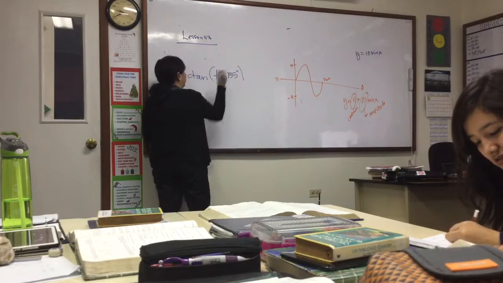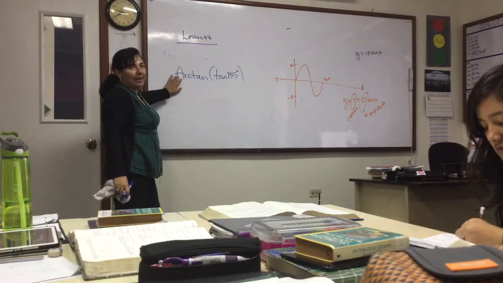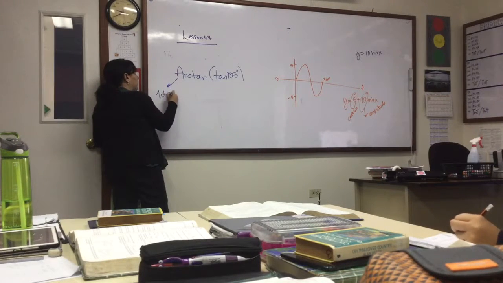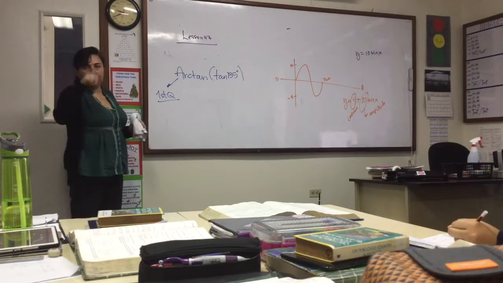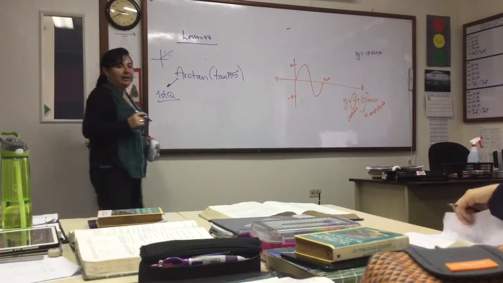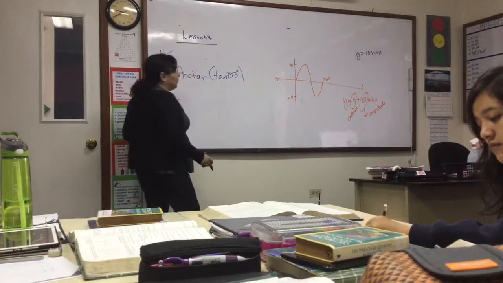Now, a couple of things. Capital A in arctan means you're just looking at the first quadrant, so you're remaining here, okay? So what's the tangent of 135?